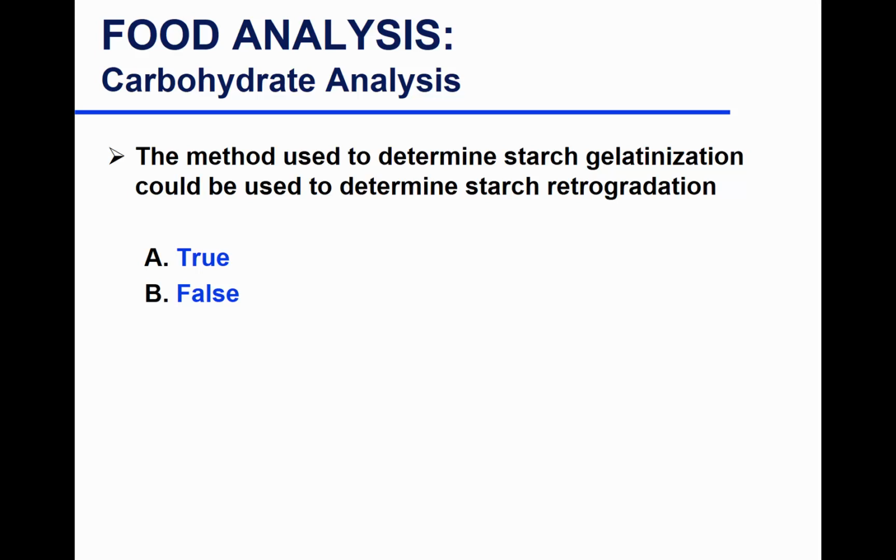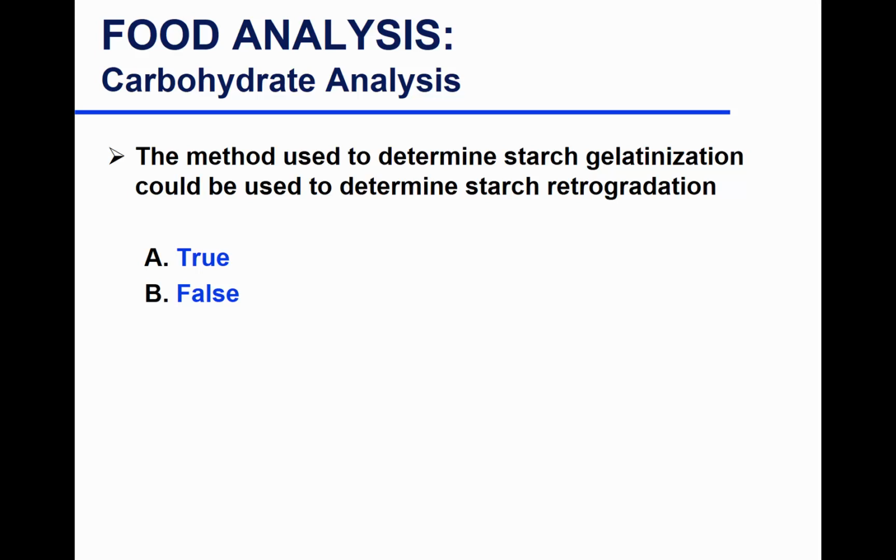Okay, so but back to this question, from just looking at it, you have starch gelatinization and starch retrogradation. Do you think you can have one method that can measure both? The amount of both? Either or? Evan says yes. You are right. I was hoping for you guys to say no. And then I tell you no, yes.